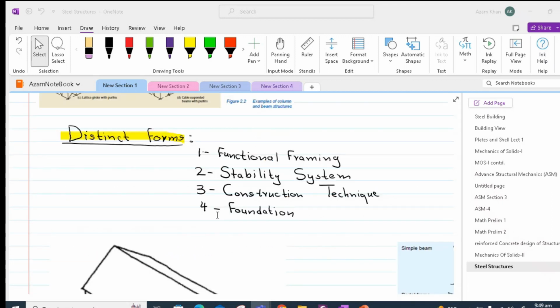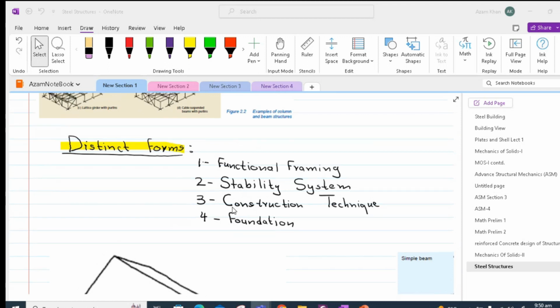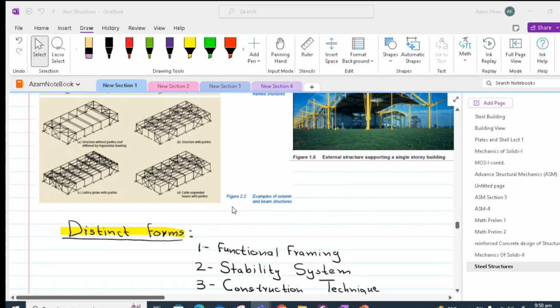In the case of multi-story buildings, we introduced four variables for distinguishing one structural form from another. These four variables are also applicable to single space buildings.